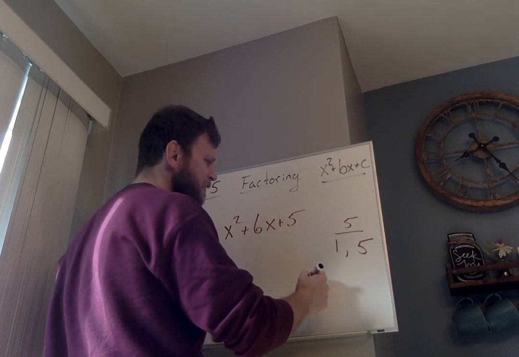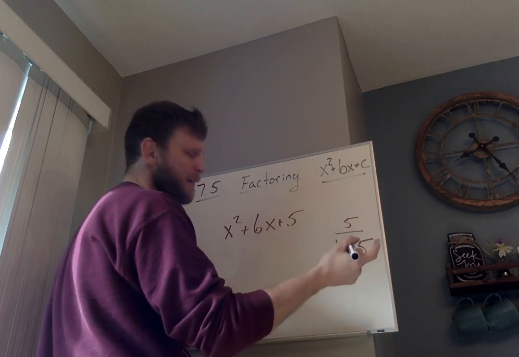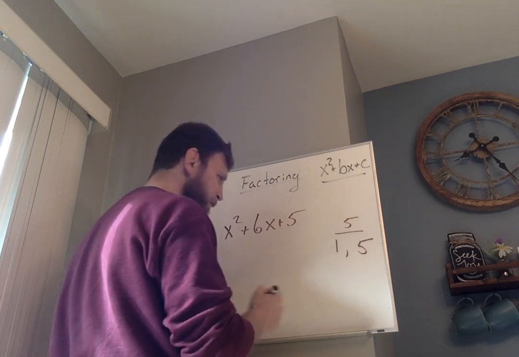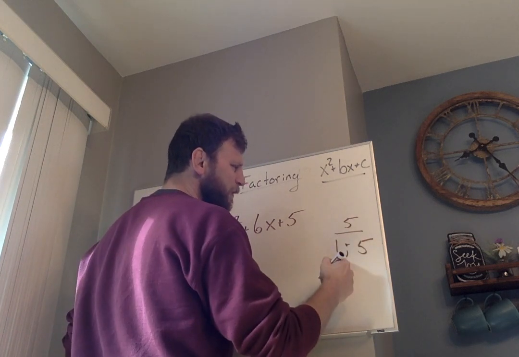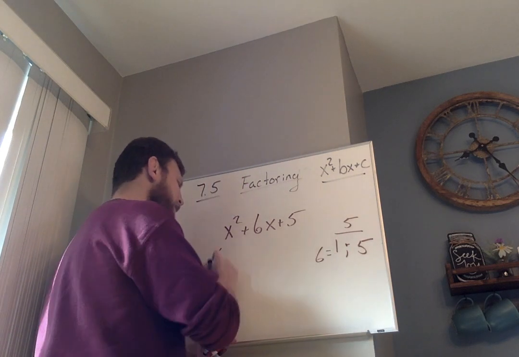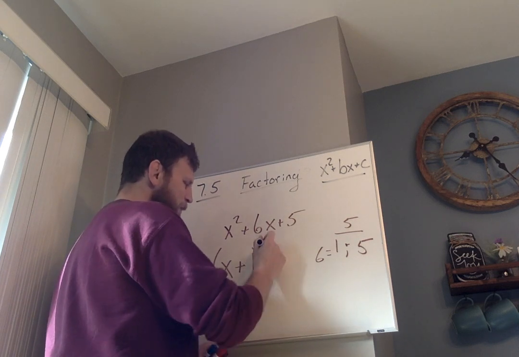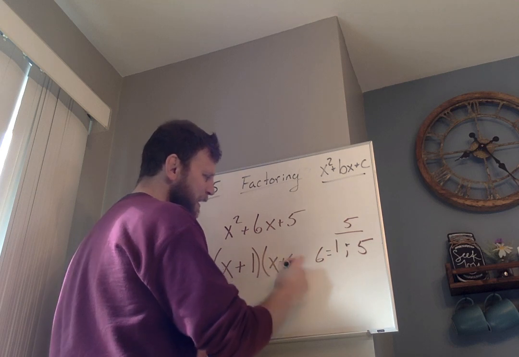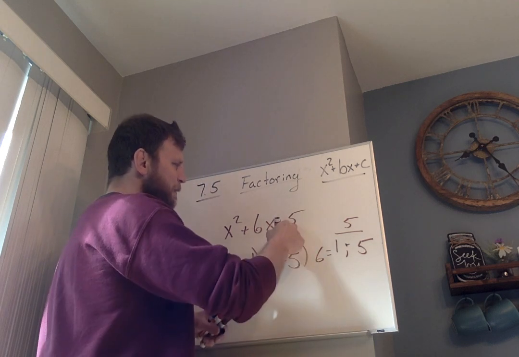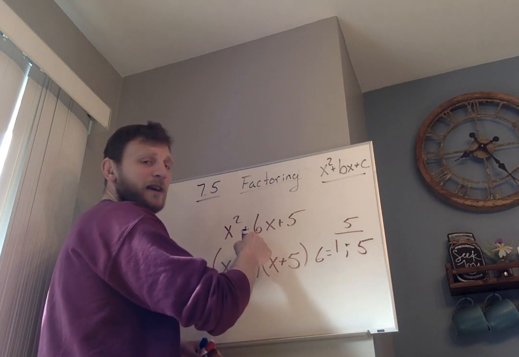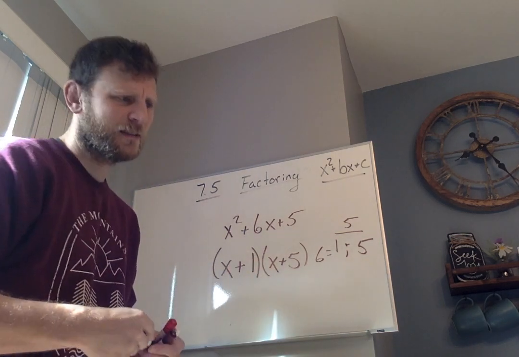What do you got, Shane? No, of course there's not. 5's prime, so it's just 1 and 5. So does 1 plus 5 equal 6? The answer is yes. So I factor this polynomial by breaking it apart as x plus 1 times x plus 5. And I can check my answer. Does 1 times 5 give me 5? And does 1 plus 5 give me 6? And the answer is yes.